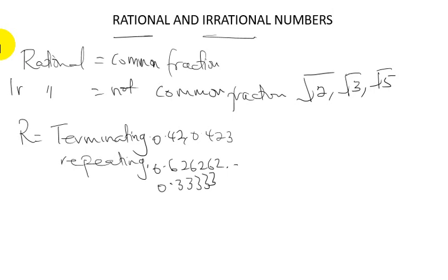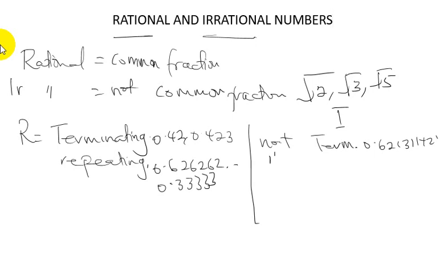Now, irrational numbers, on the other hand, are non-terminating, which means that it goes on and on and on without stopping. Something like 0.621311142. You see, it goes on and on without an end.